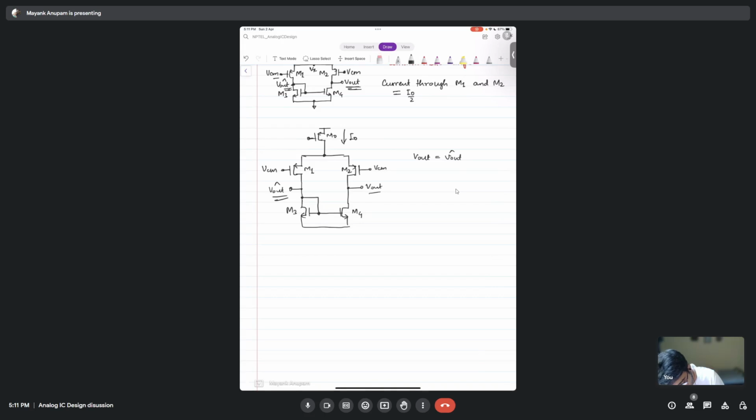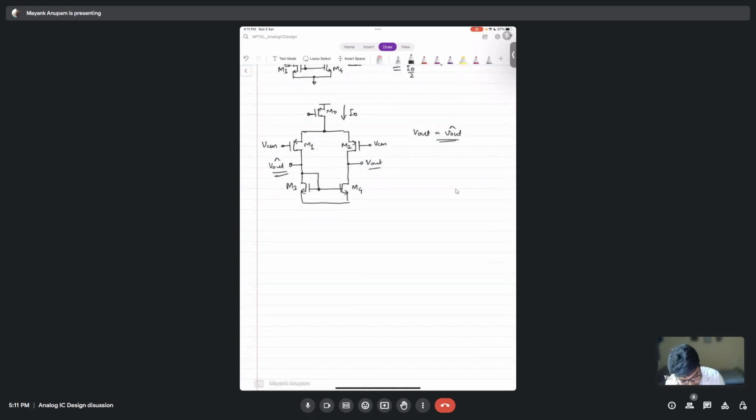Sir, the drain terminal is short circuited to the gate terminal, that's why. But there is nothing in between these two, right? Yes, sir.